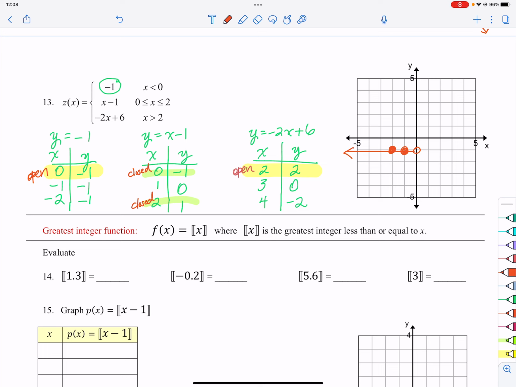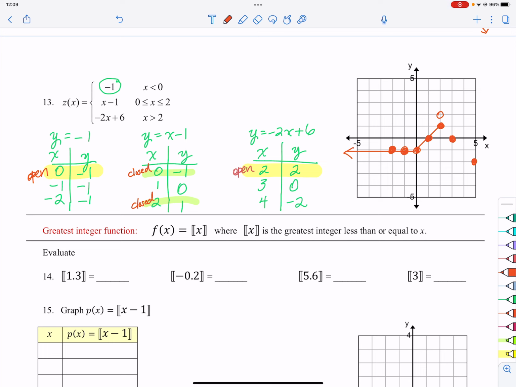We have a closed point at 0, -1. So now I'm going to take this open point and make it closed. And then we have 1, 0, and 2, 1 is also closed. So this is our next piece. And our last graph, 2, 2, open, 3, 0, and 4, -2.